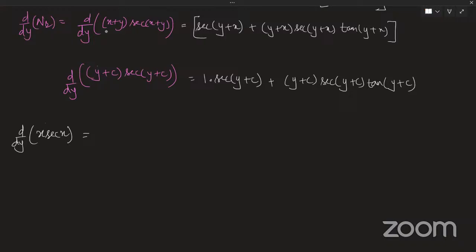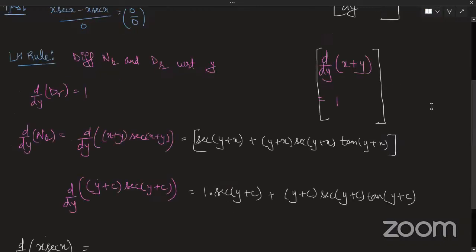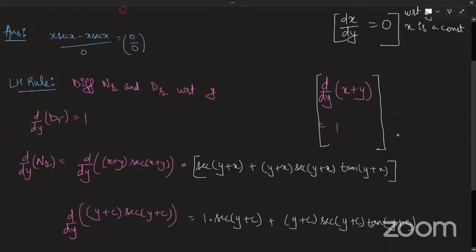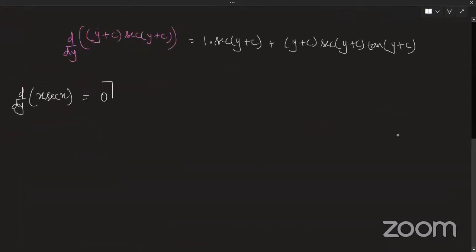I am asking you to differentiate a function that has only x terms with respect to a variable y that has got no relation with x. See, earlier also I had told you that dx by dy is 0, because with respect to y, x is a constant. So what will this be? Yes, it will be 0, because x and y have no relation between themselves.